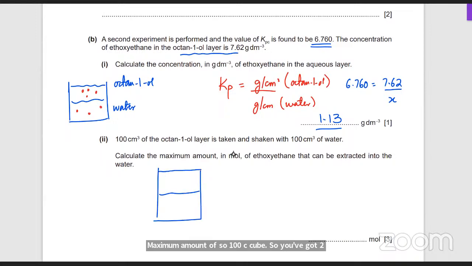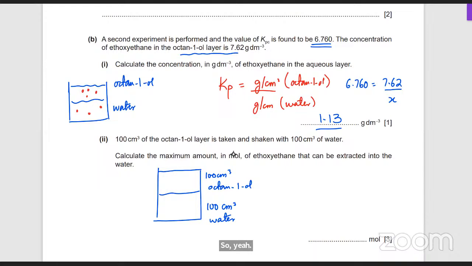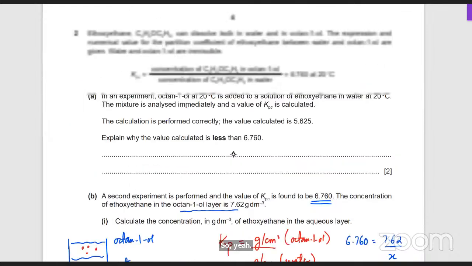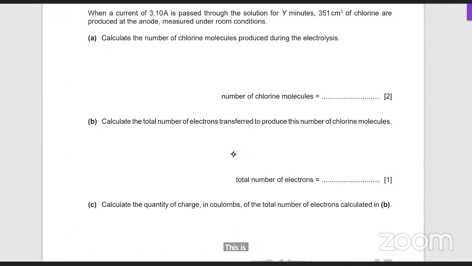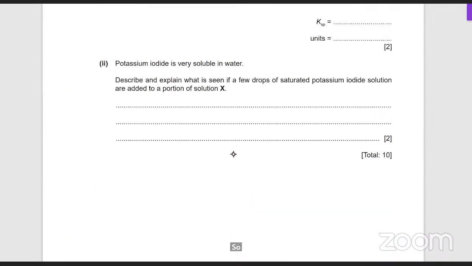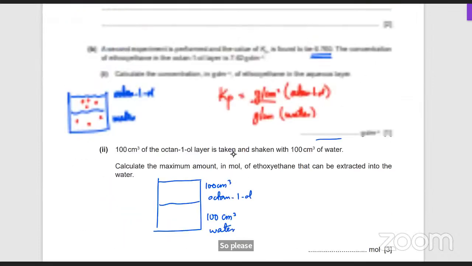So you got 100 cm cube of octane 1-ol, and you've got 100 cm cube of water. सर ये वाला पार्ट हो गया था. ये हो गया था. चलो ठीक है दूसरा बता दो कोई. सर 3 का C. इसी पेपर पर. Sir, please पहले वो solve कर दें and then move on. ठीक है.